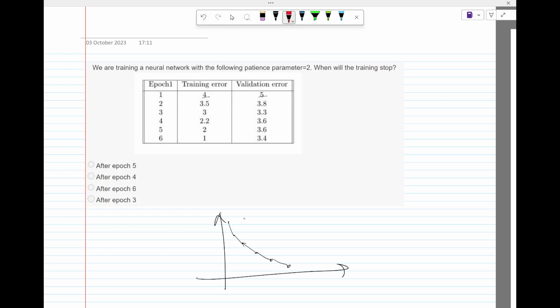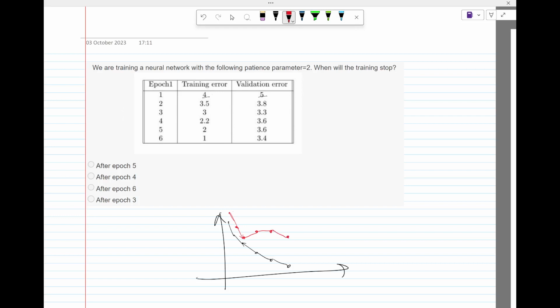While your validation error is some 5, 3.8, 3.3, then 3.6, 3.6, it remains 3.6, and then it comes down to some 3.4.